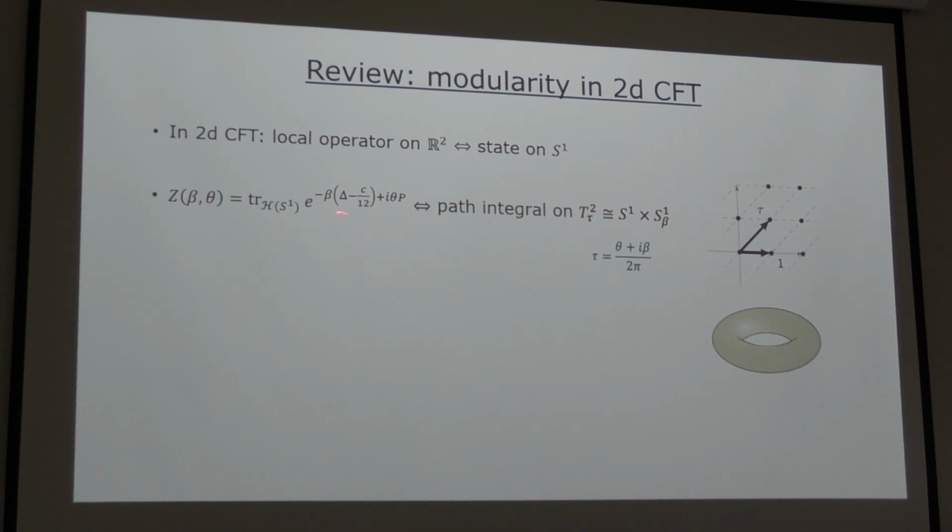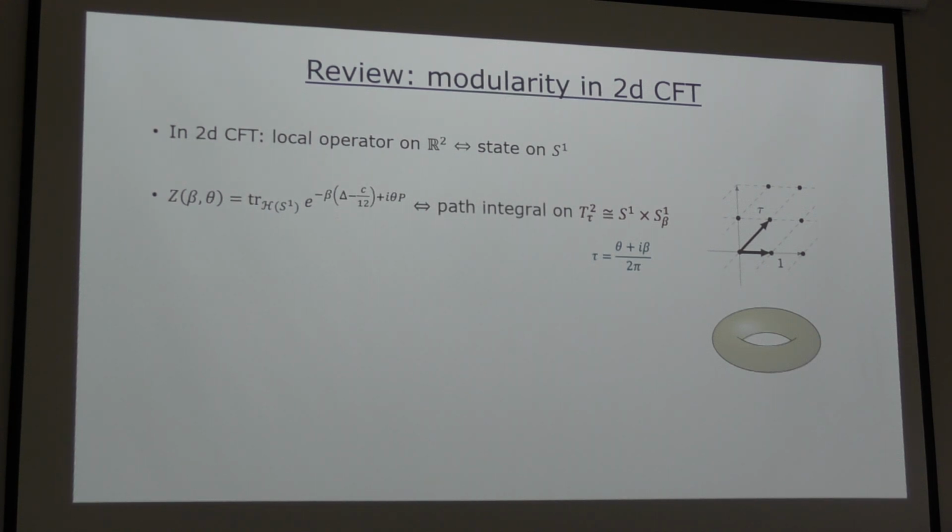We can additionally weigh this by the momentum of the state along the S1. The thermal partition function in 2-dimensional CFT can be equivalently computed as a path integral on a torus, where the parameters in the partition function map onto the complex structure modulus of the torus.